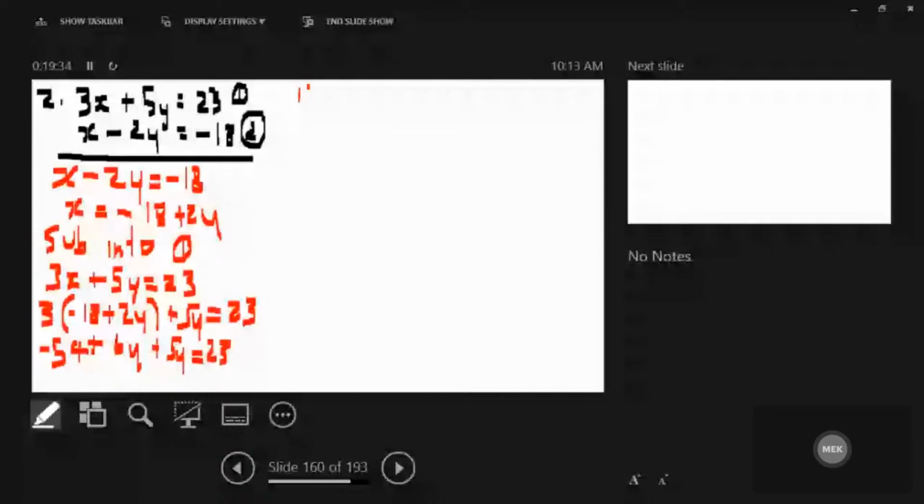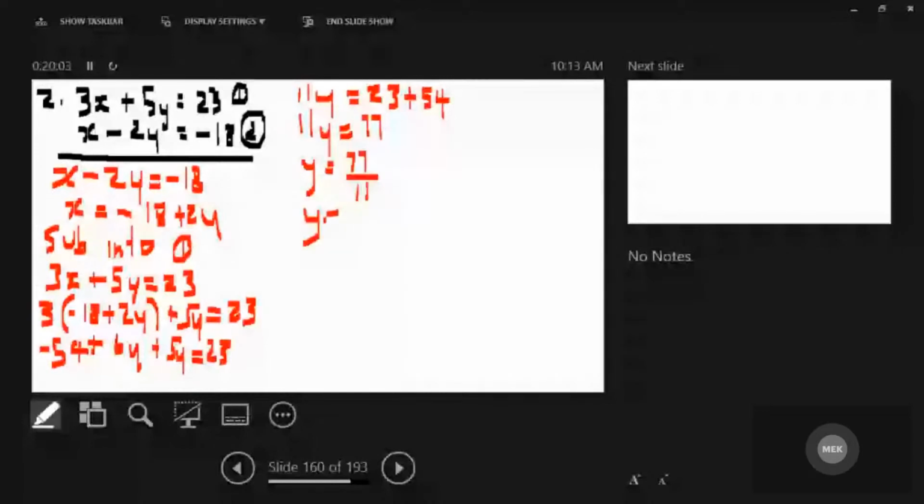And the negative becomes positive 54. So 11y is equal to 77. So y is equal to 77 divided by 11. y is equal to 7.